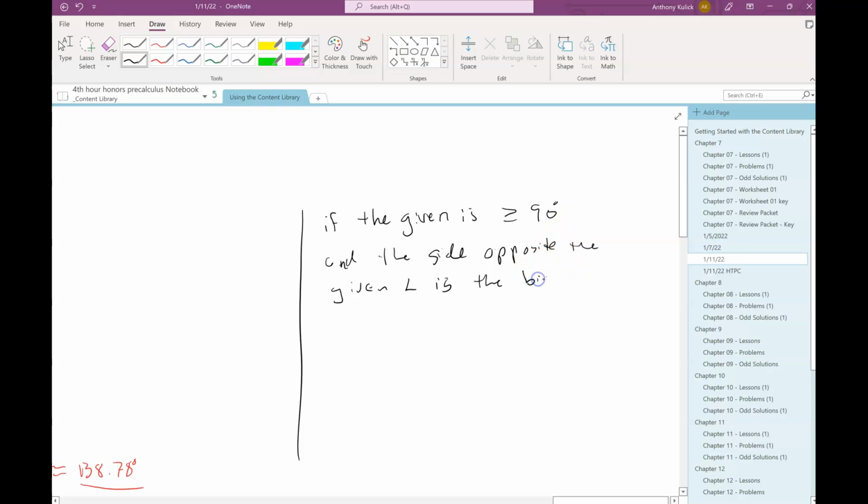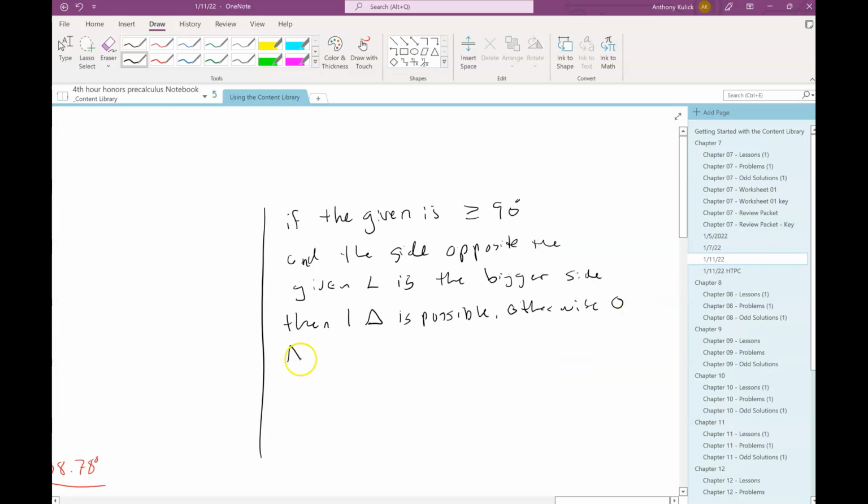Actually, no, I do want to say bigger. I lied. That's going to be the easiest way to say that. Is the bigger side, then one triangle is possible. Otherwise, 0 triangles are possible.